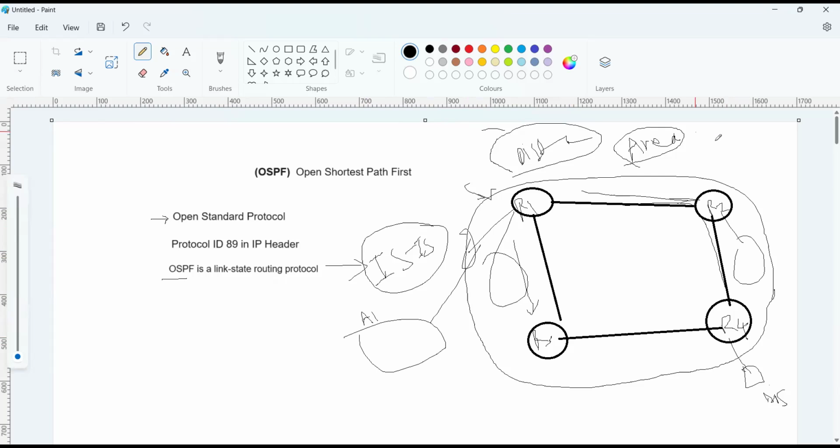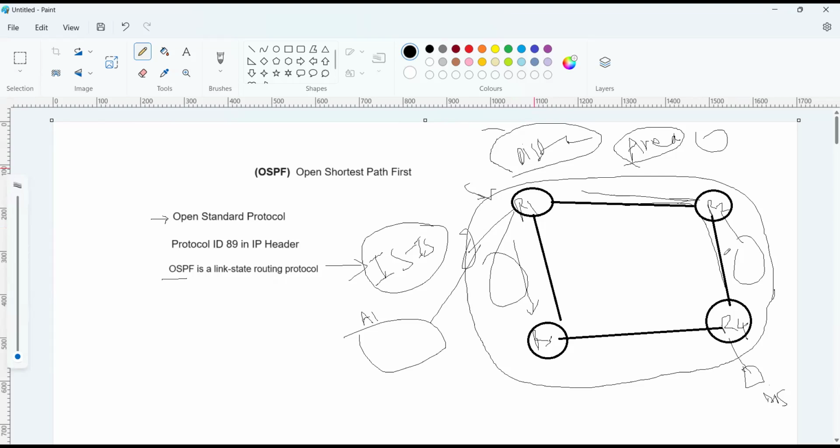Area 0 has its own routing table and its own LSAs, and area 1 has its own LSAs. In each area, every router has its own area's entire routing information.